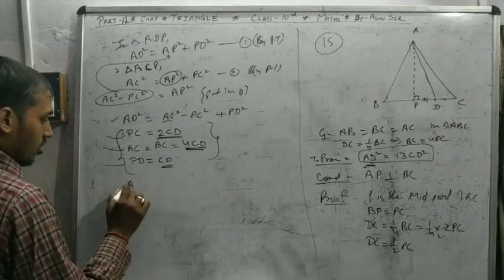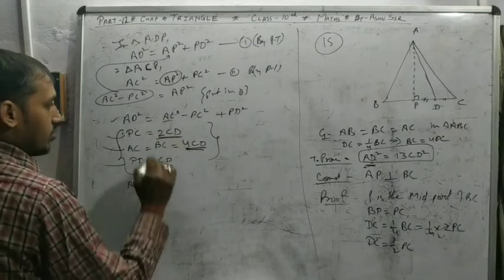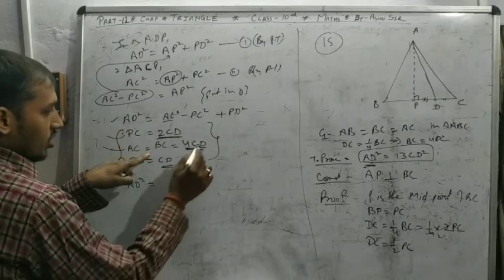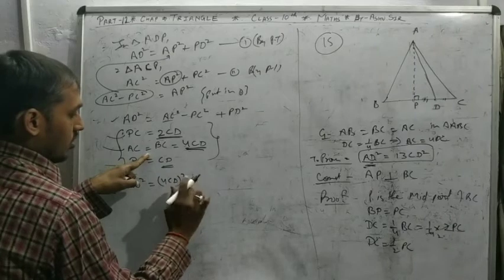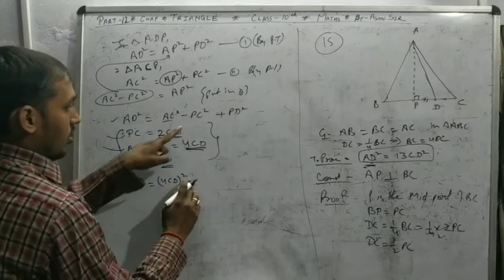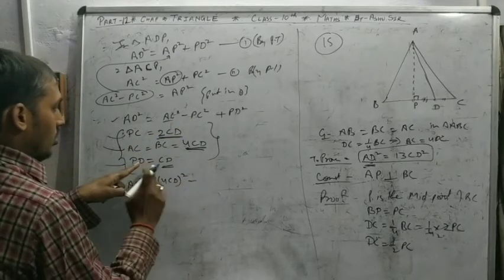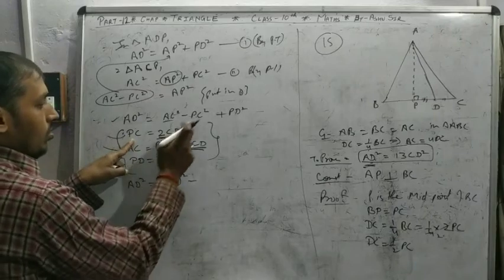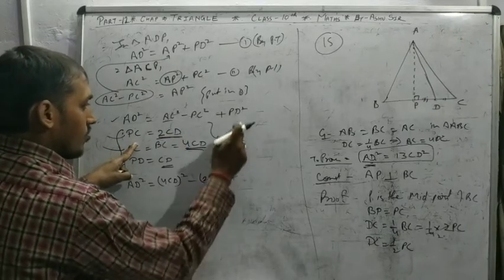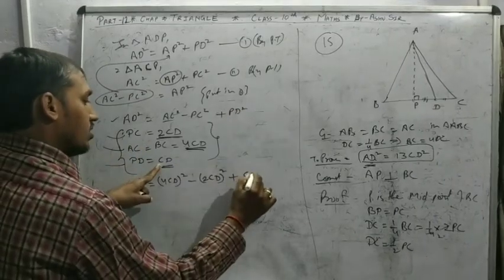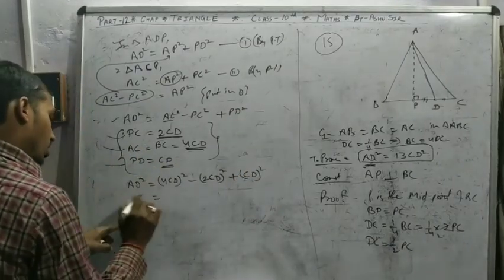Replace all. AD square, in place of AC 4 CD, PC 2 CD, PD only CD.